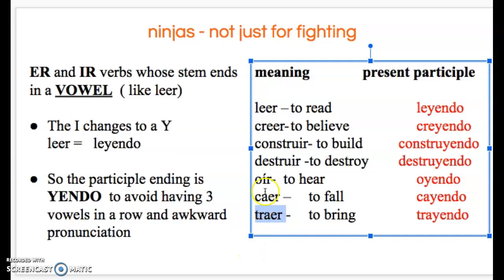So a lot of these are your go-to's. So take a look. The I changes to a Y. Leyendo, creyendo, construyendo, destruyendo, oyendo, cayendo, and trayendo. You'll kind of see the vowels pile up and go, ooh, that doesn't look right. And you'll change the I to a Y.